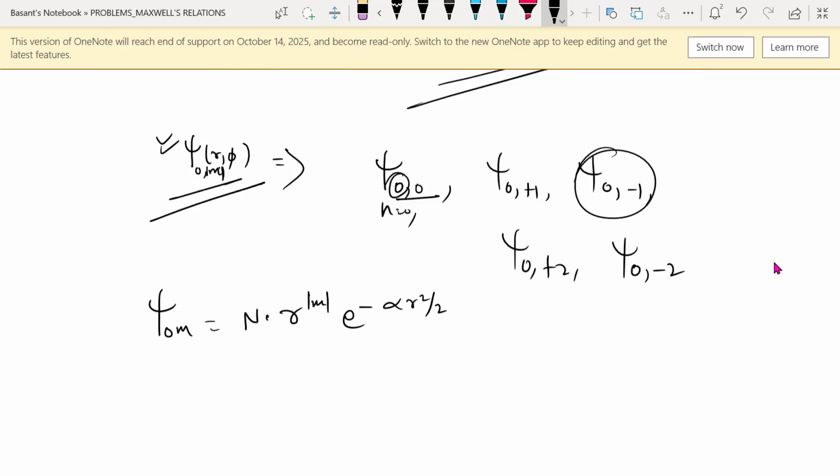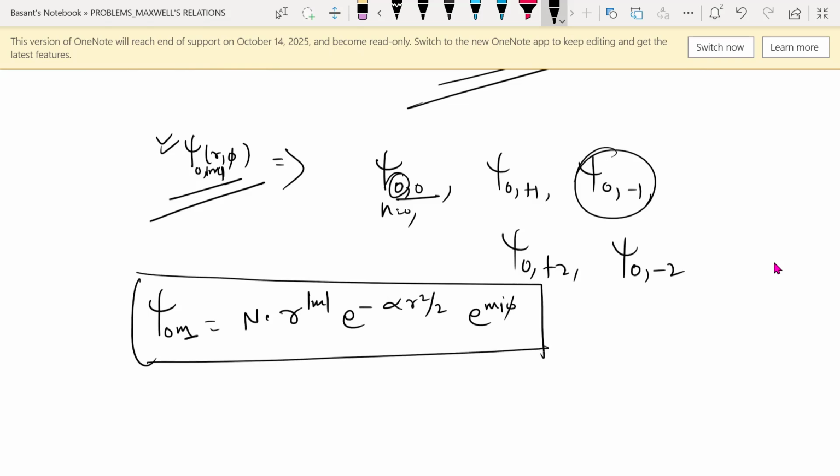And for phi, that is e to the power i m phi here. So this function is given for the 0 and m combination here.